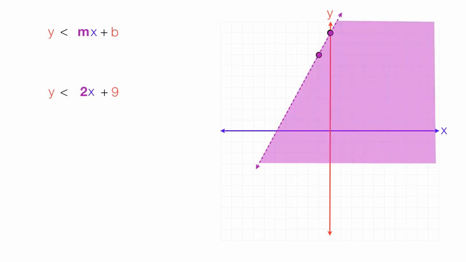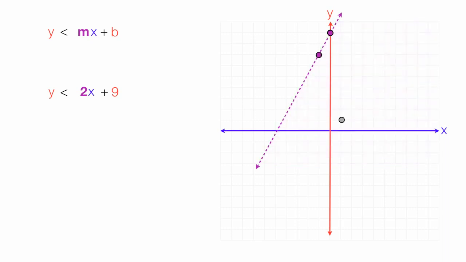So I have a simple technique to help you figure that out quickly. I pick a simple point like (1, 1), and I plug it into the original equation to see if it's true. So I put the 1 there. So 1 is less than 2 times 1 plus 9, which turns out to be 1 is less than 11.